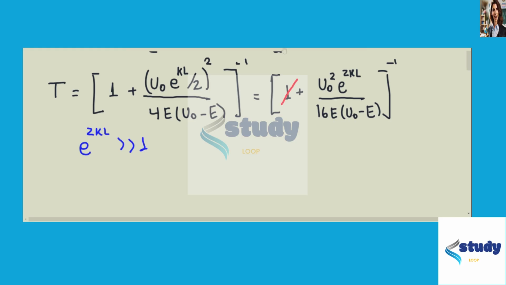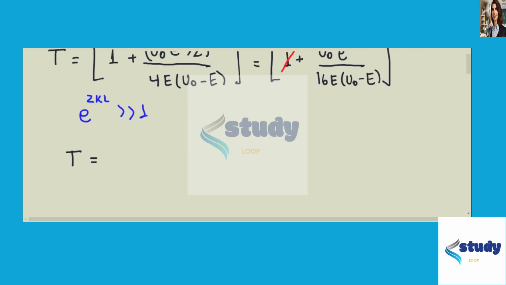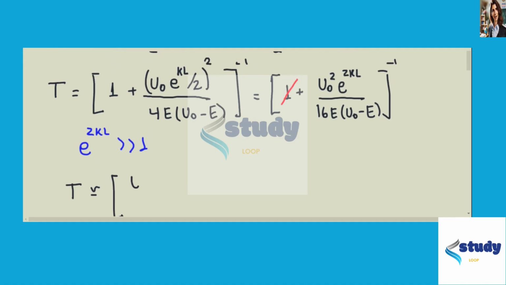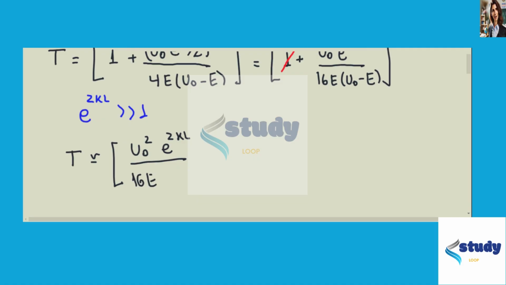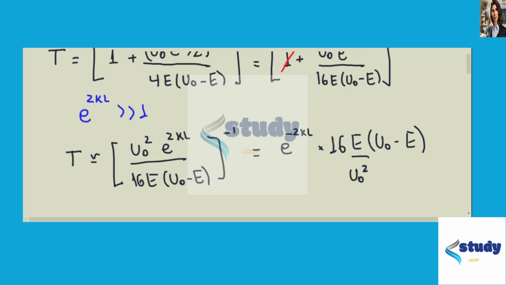So T is approximately equal to u0 squared e to the 2 KL divided by 16e u0 minus e to the minus 1, and this is e to the minus 2 KL times 16e u0 minus e divided by u0 squared.